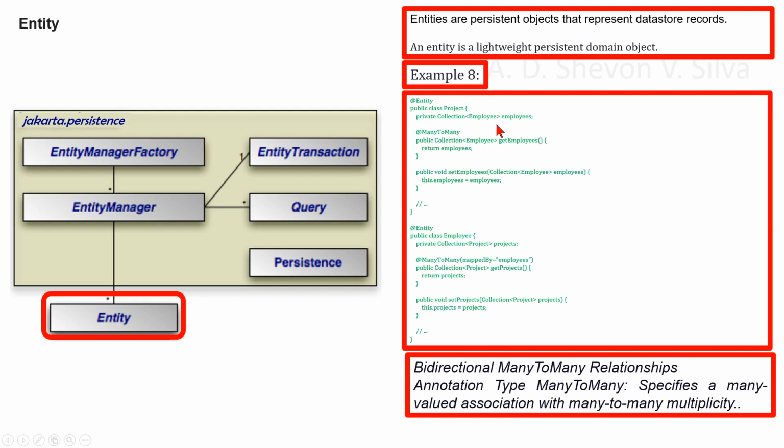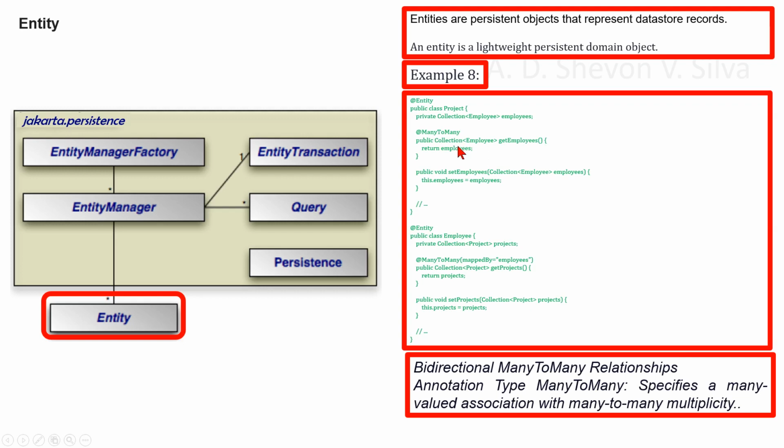As an example 8, we can consider the bidirectional many-to-many relationships. The annotation type many-to-many specifies a many valued association with many-to-many multiplicity.